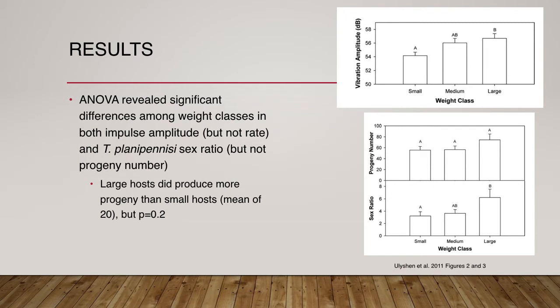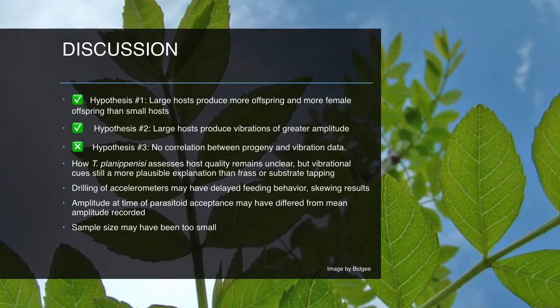The larger hosts also were associated with more overall Tetrastichus progeny, so males as well as females, but the effect was not quite statistically significant. And so they found support for their first 2 hypotheses, that large hosts produce more offspring and more female offspring, and vibrations of greater amplitude.